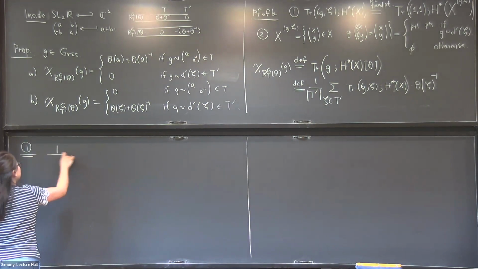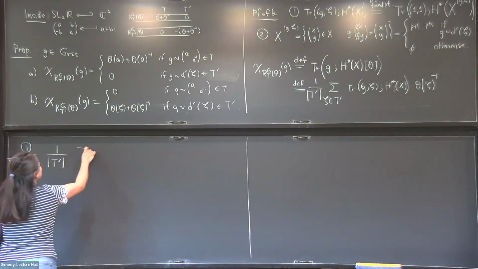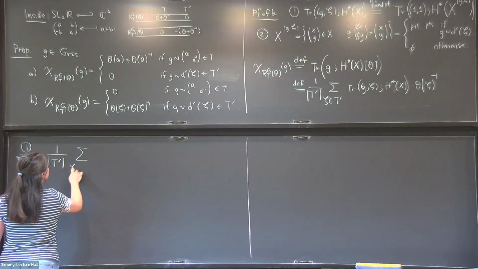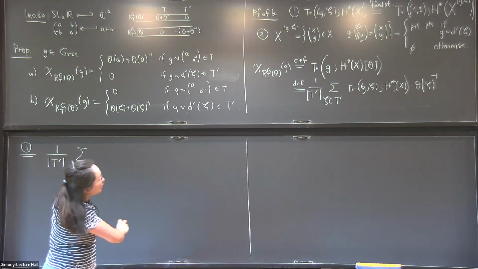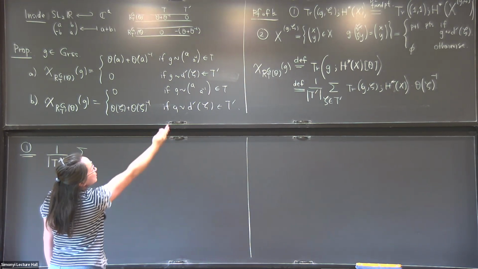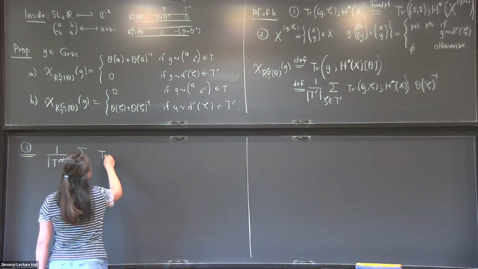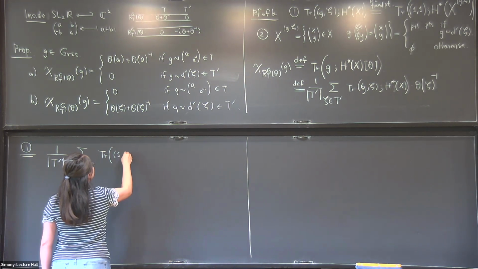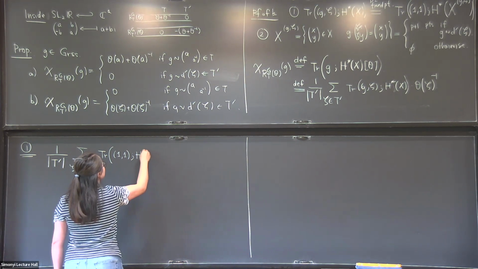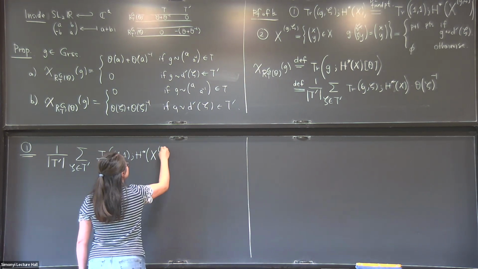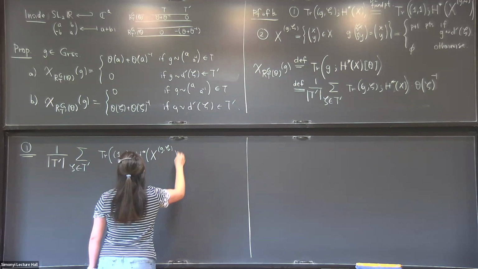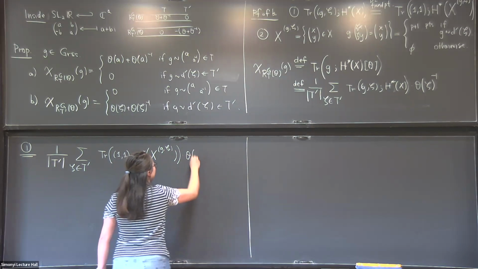This is equal to this thing here. And now I'm going to replace this thing by the Deligne-Lusztig fixed point formula, which is the trace of (1, 1) on the cohomology of the fixed points, multiplied by theta of zeta.